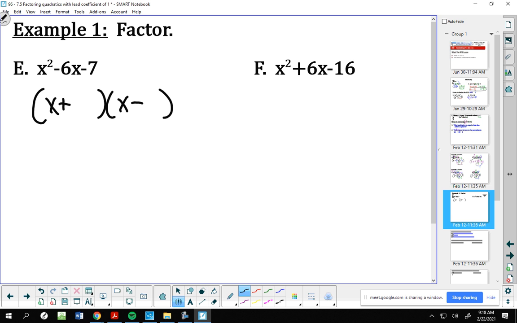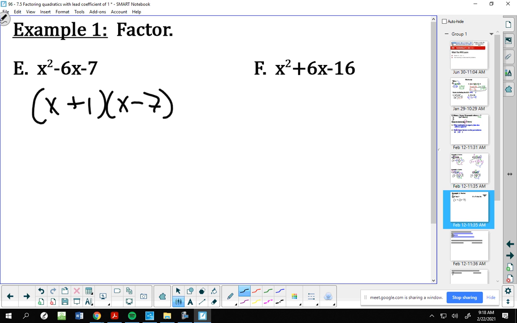You can multiply in any order, so it doesn't matter. But yeah, 7's prime. So what are my two numbers? 7 and 1, right? Oh, wait. Is it positive 7 minus 1 or negative 7 plus 1? Yeah. So -7 plus 1 will give me -6.